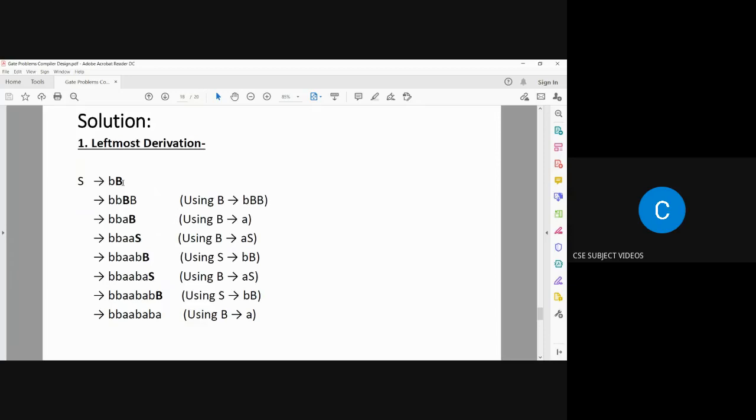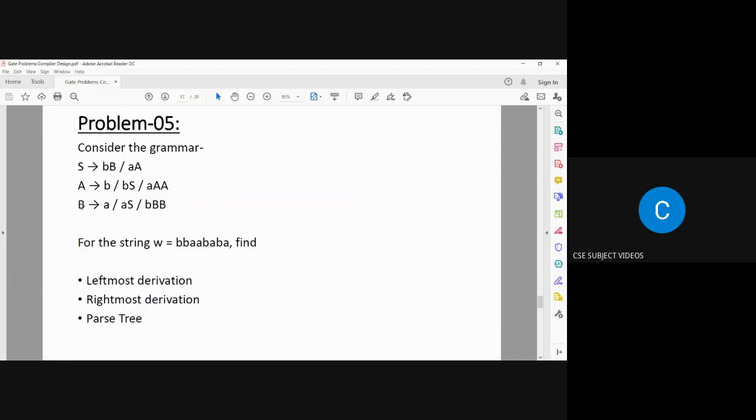Okay. This B will be replaced according to our third production. B derives terminal B, non-terminal BB.